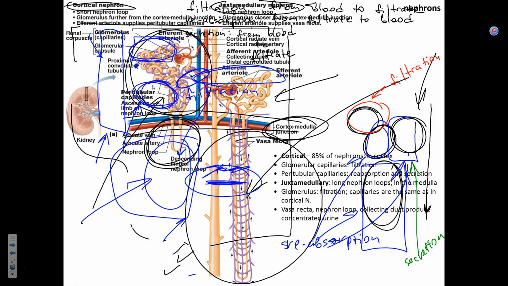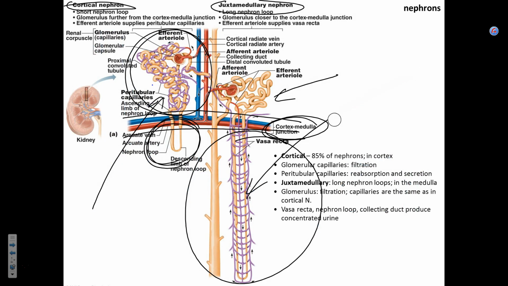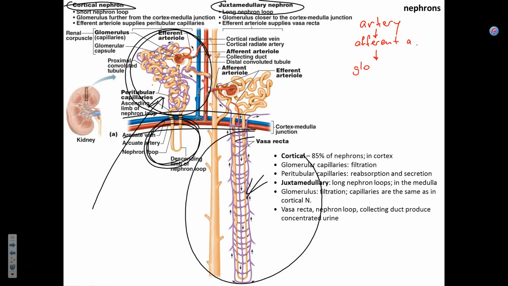Does that make sense? So if we want to make some kind of a list of how blood flow goes, we have artery, right? That goes into the afferent arteriole, that goes into the glomerular capillaries, which goes into the efferent arteriole, which then forms, I'm going to just put capillaries, right?